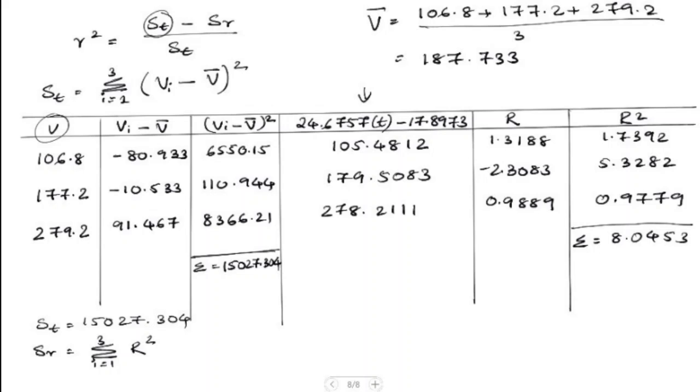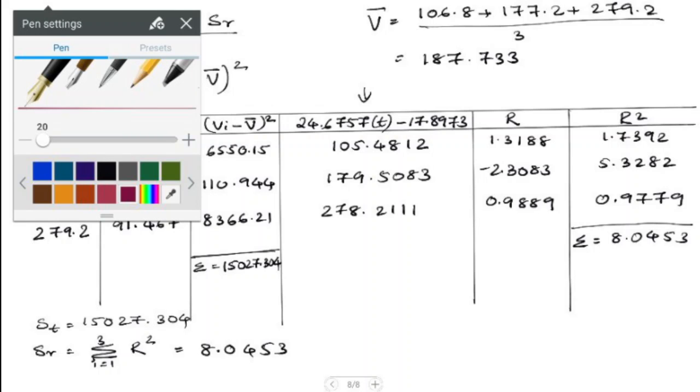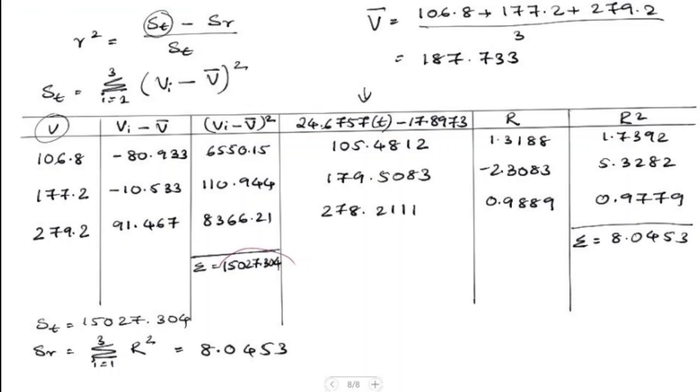So that's S_r. We can say that S_r is equal to 8.0453. As you can see, this one here is S_t, and this value here is S_r.